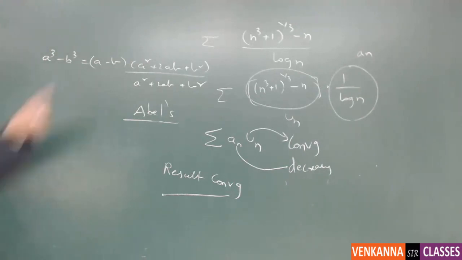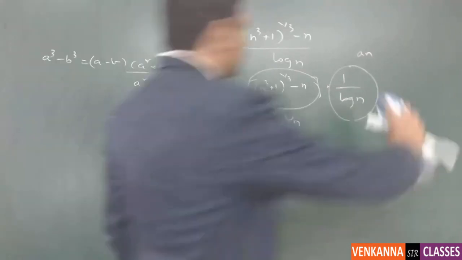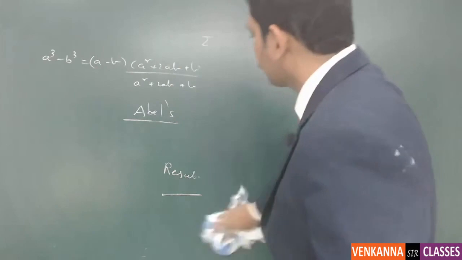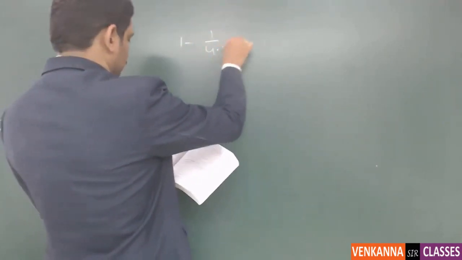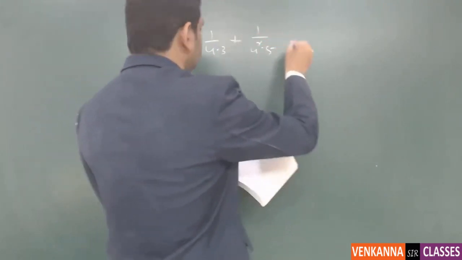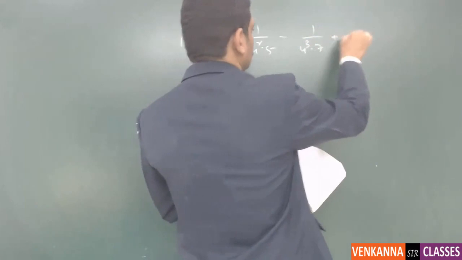Fine. Shall I erase this? So this is the problem. 1 minus 1 by 4 into 3 plus 1 by 4 square into 5 minus 1 by 4 cube into 7, etc. Now please understand, if you write an nth term for it, we can write the nth term.